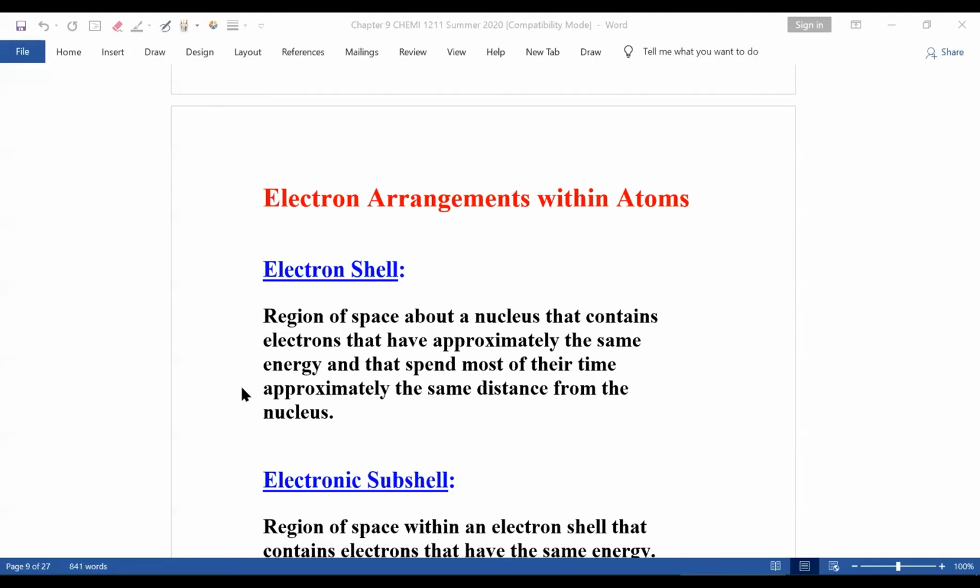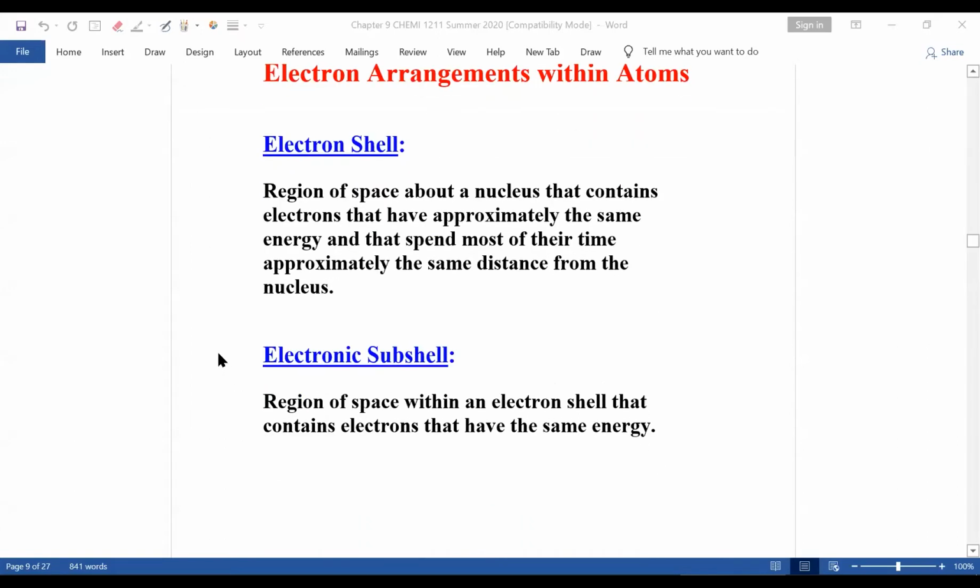Now, where are the electrons? The electrons are in what we call electron shells. I won't ask the definition, but you should understand what a shell is. That's the region of space around a nucleus that contains electrons that have approximately the same energy and spend most of their time approximately the same distance from the nucleus, the center of the atom.